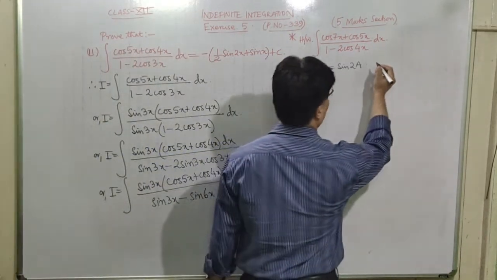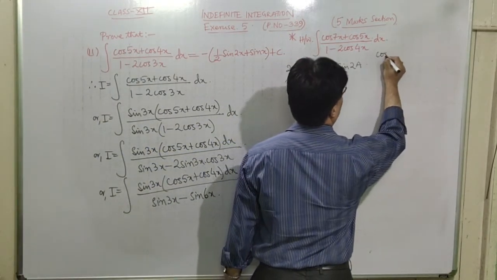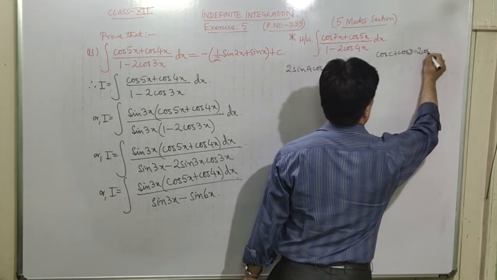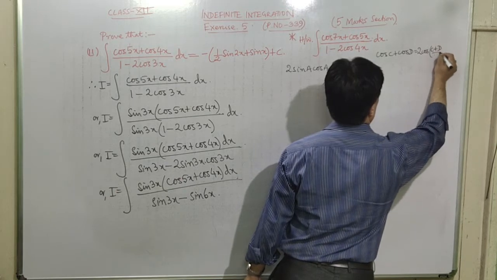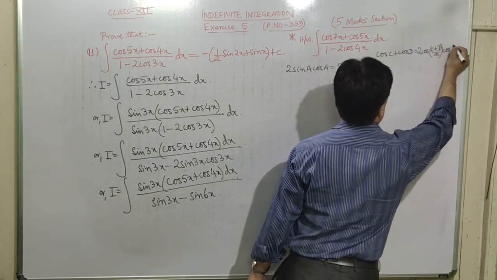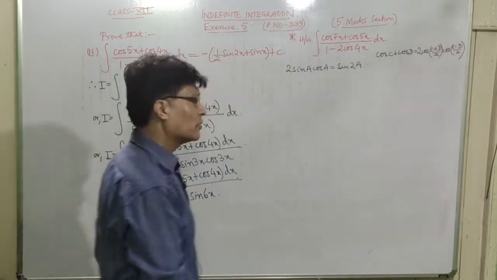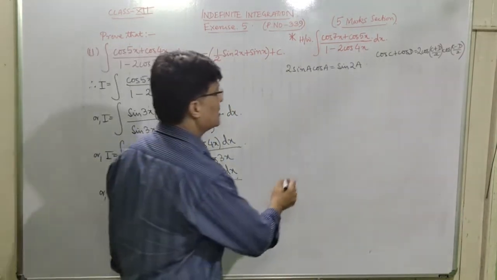What is cos C plus cos D? Cos C plus cos D is equal to 2 cos (C plus D)/2 cos (C minus D)/2. This is the formula. What is sin C minus sin D?